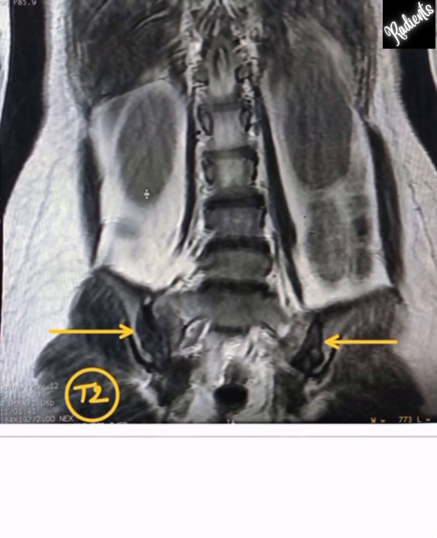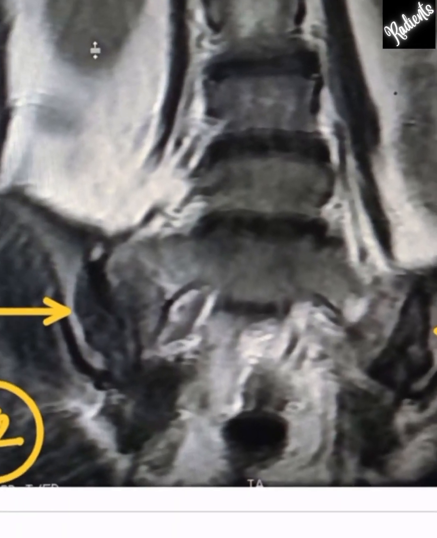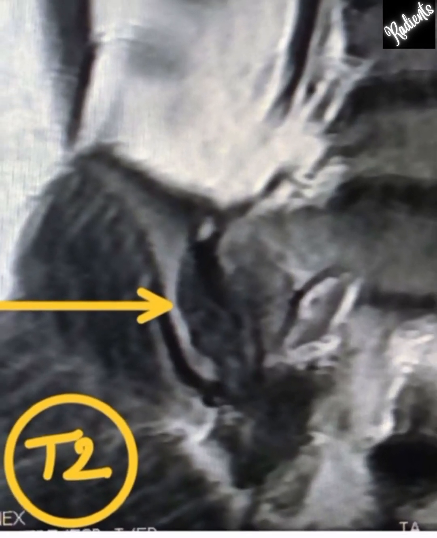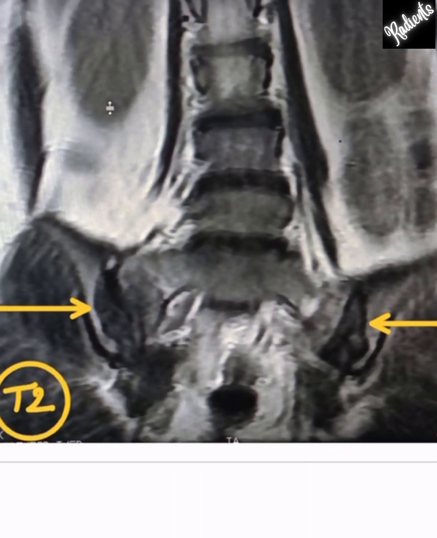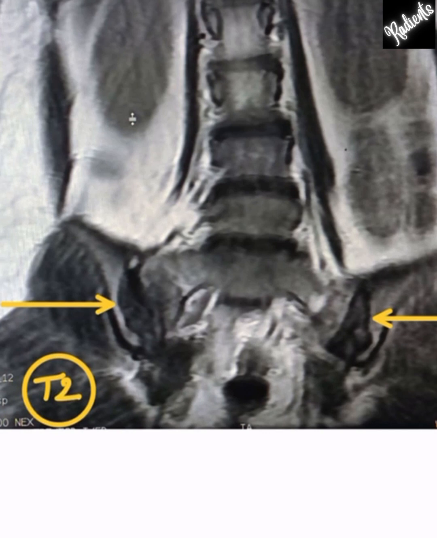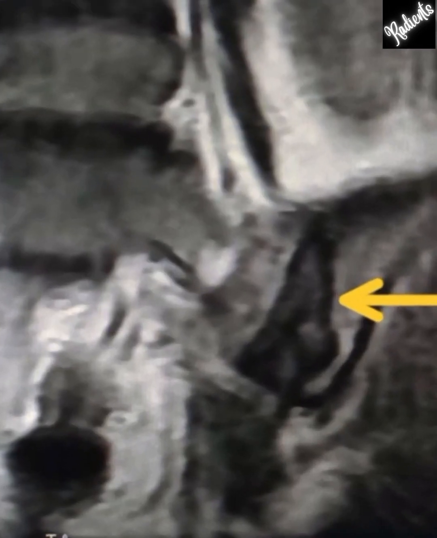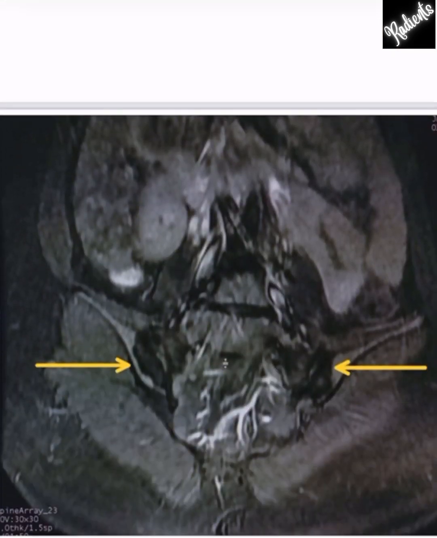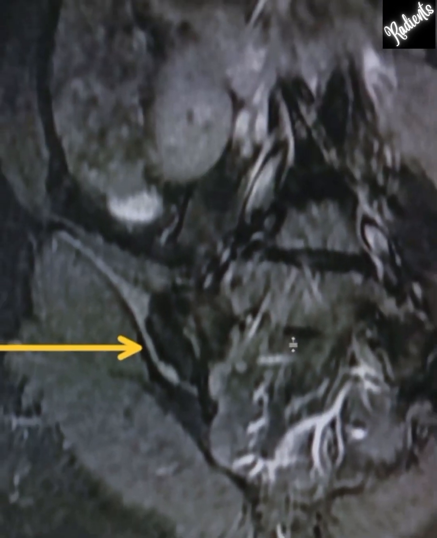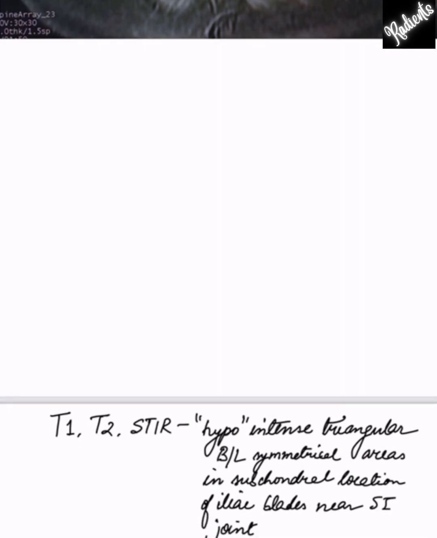If we talk about MRI, this is the MRI of the same patient whose X-ray we saw. What we can clearly see here is on the T2 weighted image there is hypointensity in this triangular fashion on either side of the SI joint towards the iliac side only, with relative sparing of the sacral part of the SI joint. Even in the STIR images you can clearly see hypointensity, and hence this is something like sclerosis that we are dealing with.